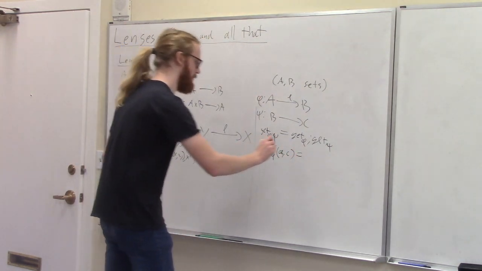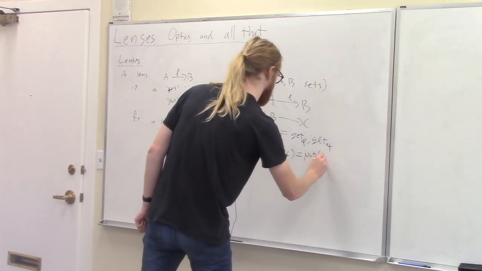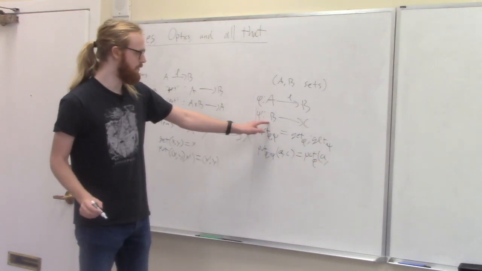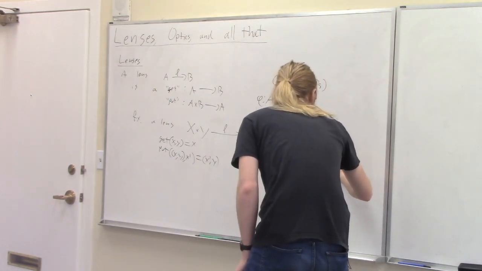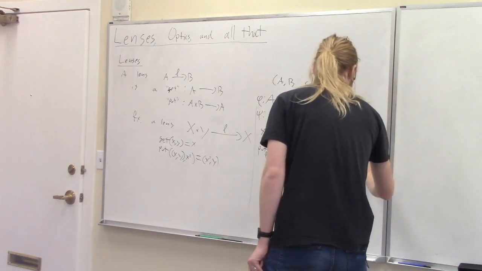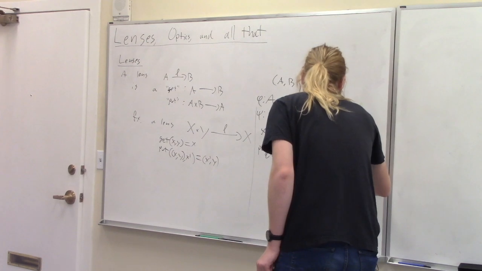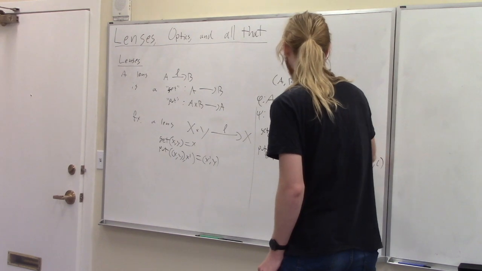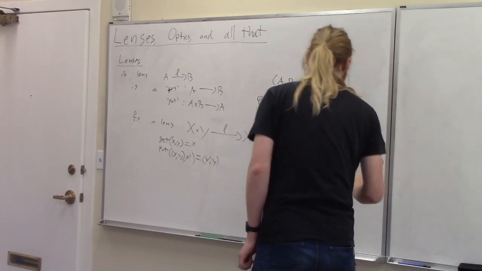Well, I'm obviously going to have to use put phi to set something in A, and now I need something of type B, and the way I'm going to get that is that I'm going to use put psi to set something to C, and the thing I'm going to set to C is the C field inside the B part of A. So I'm going to use get phi to get that.